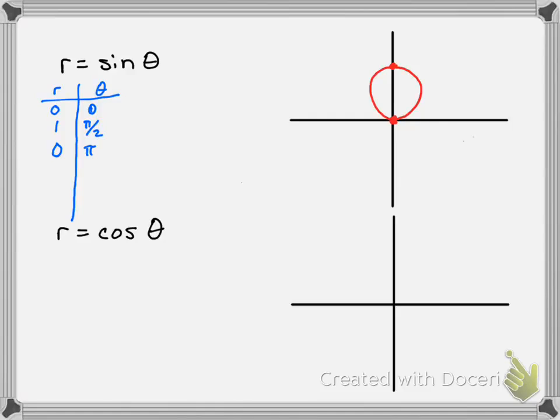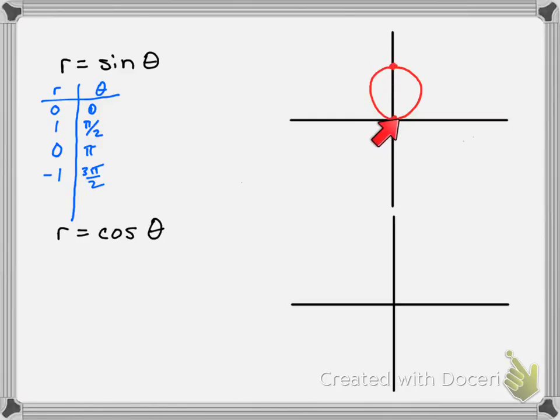Now if we continue this process, your next point would be 3 pi over 2, and the sine of 3 pi over 2 is -1. If we think about our graphing here, 3 pi over 2, you would go this direction, and that would be this axis right here. If it was a positive one, you would come out this direction. But we said it was a -1, which means we go this direction, and that's going to put us back at this point right here.